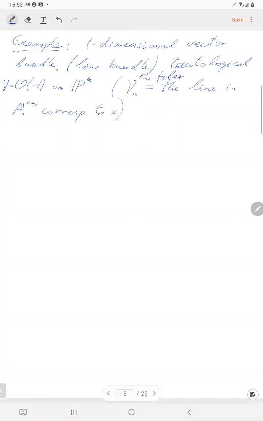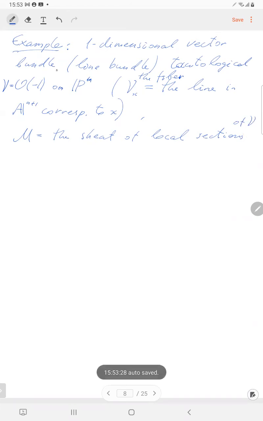And then our sheaf, say M, is the sheaf of local sections of this line bundle V.